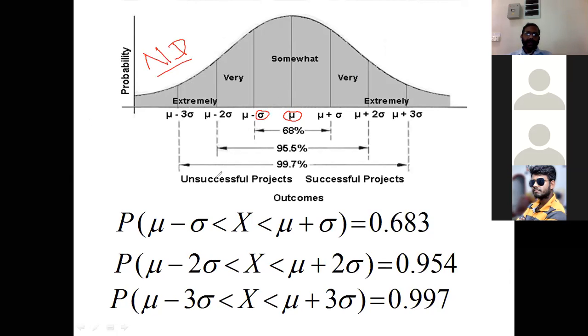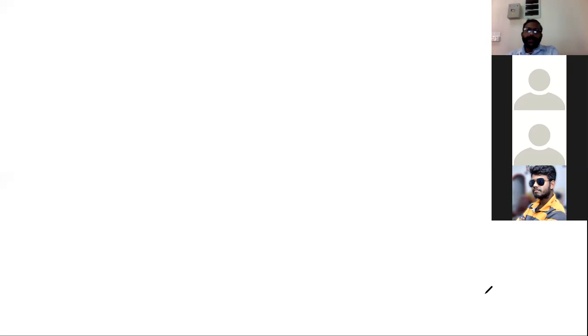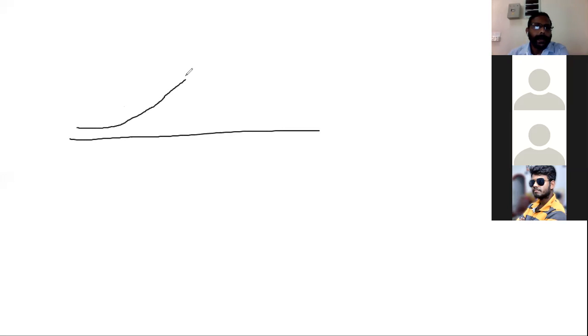If you take the normal distribution, the total probability under the area, let's say this is the total probability under the area. Now, when you talk about the normal distribution, I simply draw one.